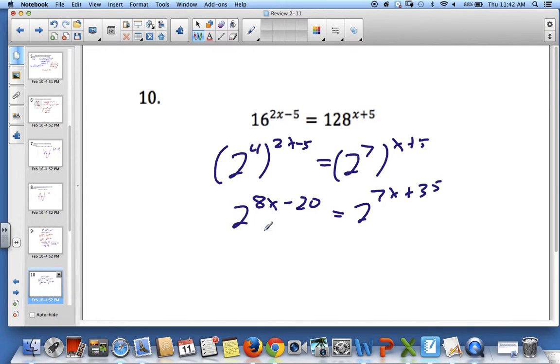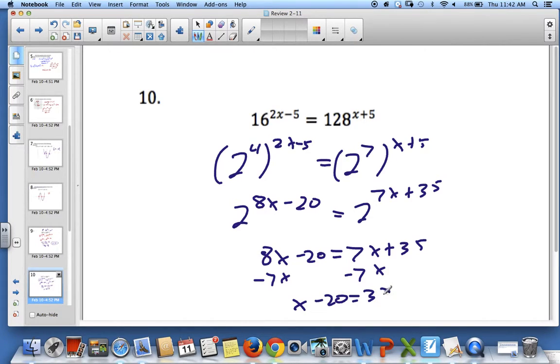So the bases are the same. I can write then 8x minus 20 equals 7x plus 35. And then I go through the steps, subtract 7x, I got x minus 20 equals 35. Add 20. x equals 55. Okay, those numbers probably won't even fit in your calculator, but that's what we're going to get.